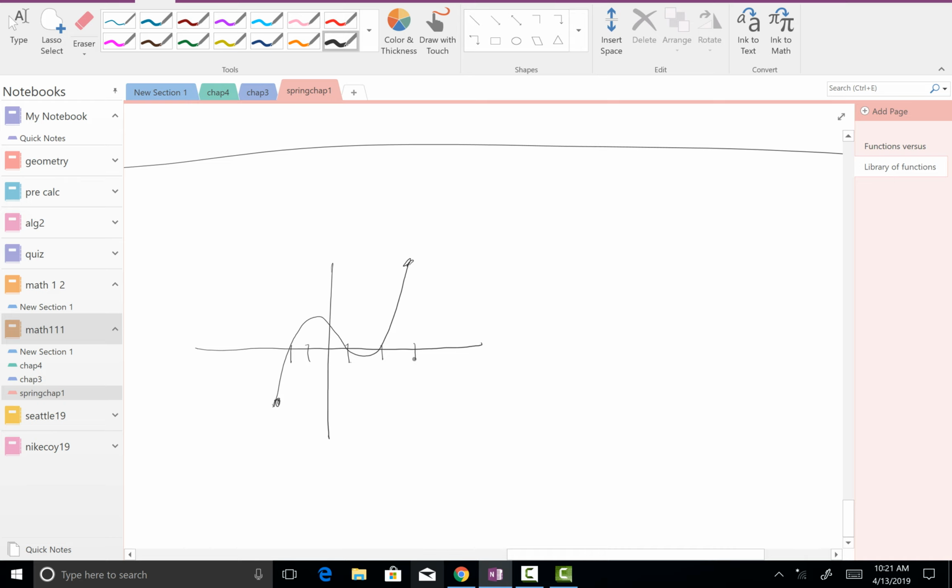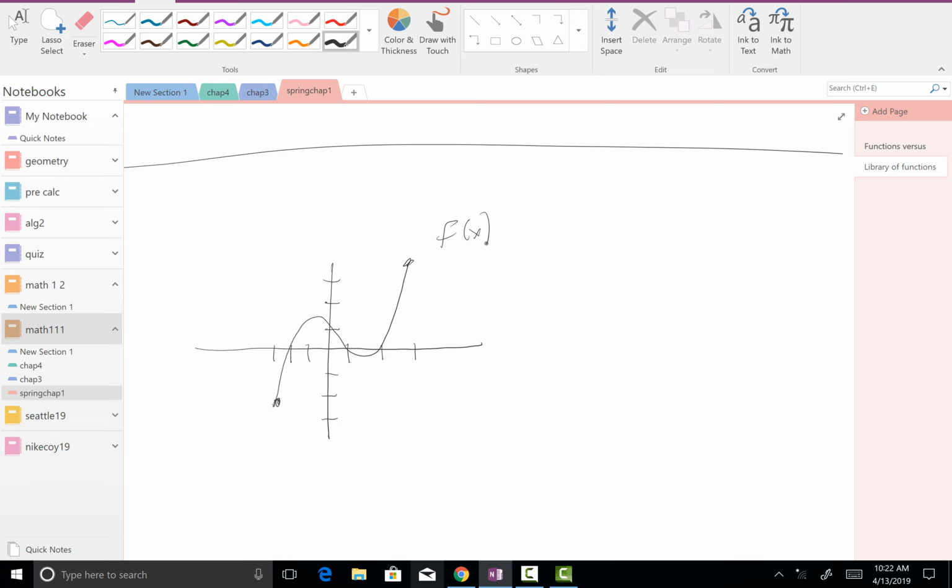Okay, so let's do this. Normal curve here. Let me get some more numbers on here a little bit. So, there we go. I'm going to call this f of x. Here's what it's going to say. So what if we take this function? Now, I don't know what it is, and when you do these problems, you don't want to find it.